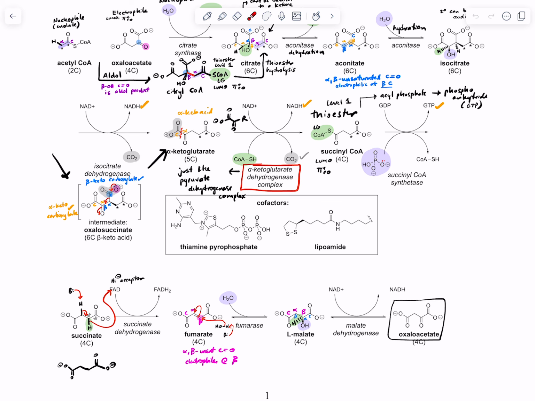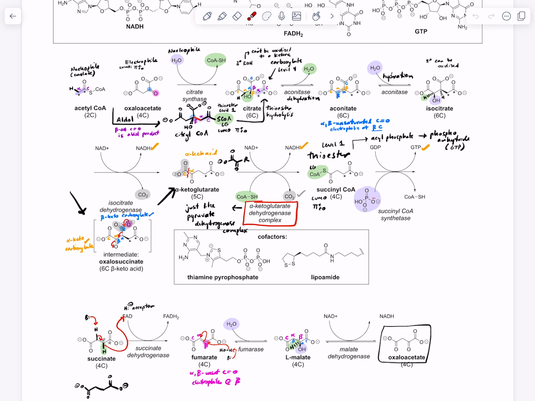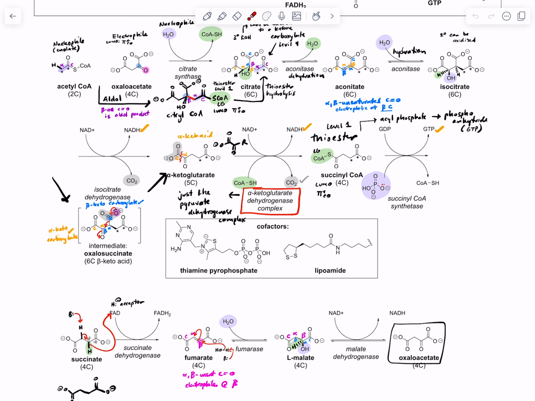The first one is maybe the most complicated, and then the steps after that are relatively simple. But this is where we're going to recover the bulk of our energy-rich molecules, GTP, FADH2, and NADH. All right.